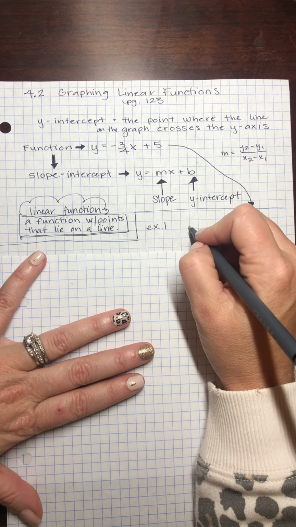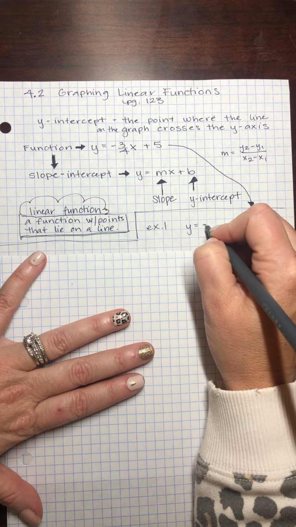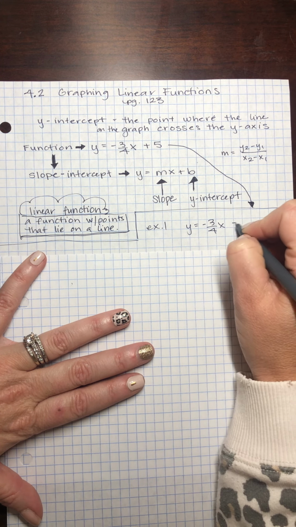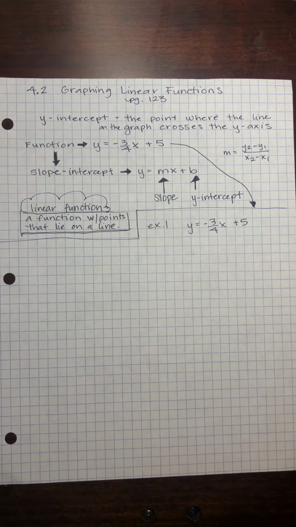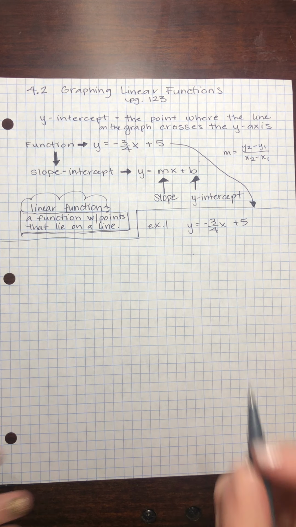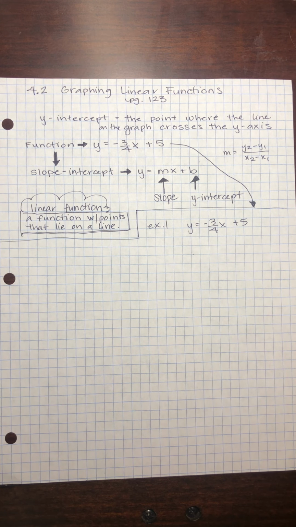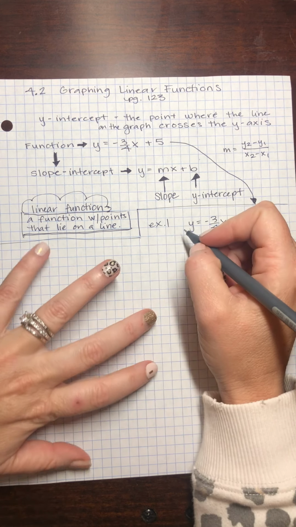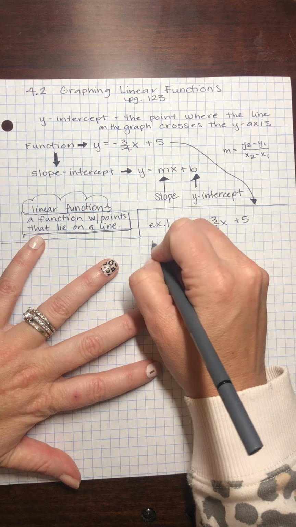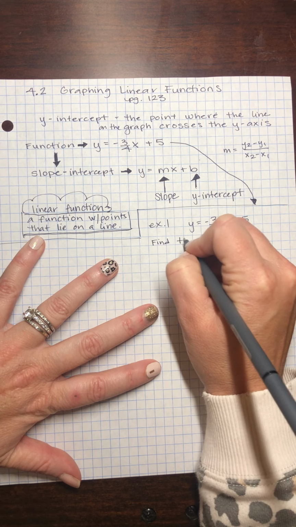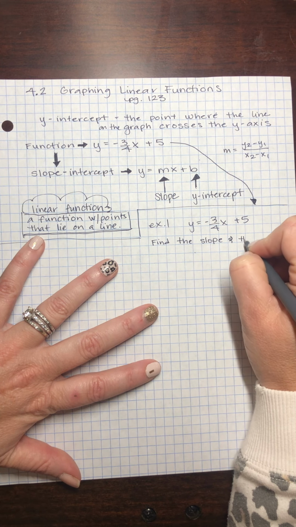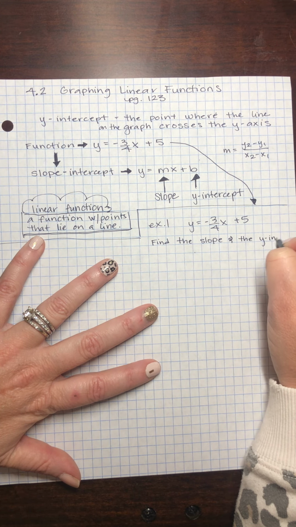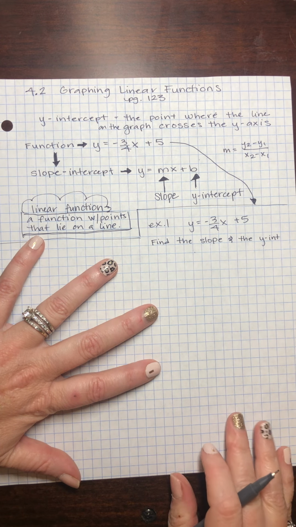Say y equals -3/4 x plus 5. One of the things they're going to ask you to do in today's lesson is, let's see, what is their wording? Find the slope and the y-intercept. I'm just going to write int.